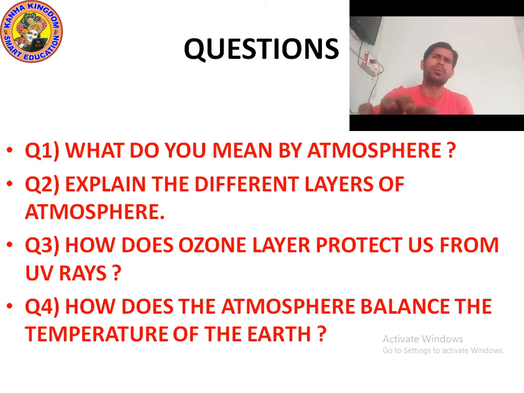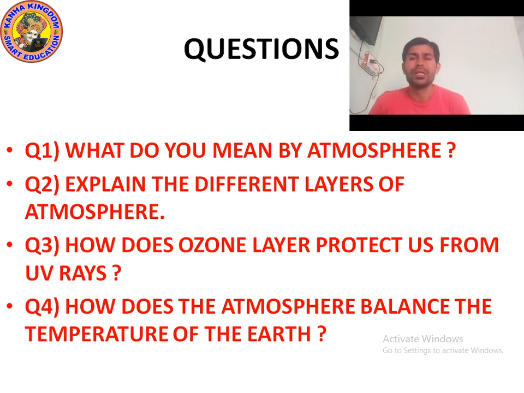Now let's talk about the thermosphere and exosphere. Thermosphere has a very high temperature as per its name, and space shuttles orbit in this layer. Satellites are found in this layer, and it has one more layer, ionosphere.